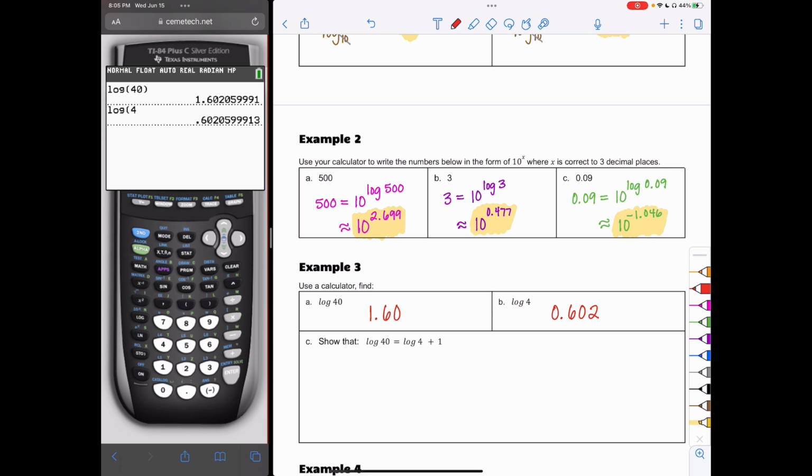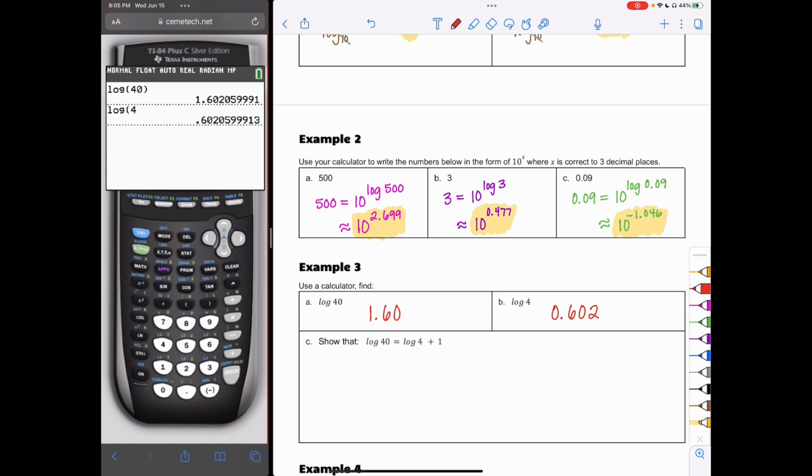So now for part C, it says show that the log of 40 is equal to the log of 4 plus 1. Anytime they tell you in IB to show that, it means don't just give us the answer.